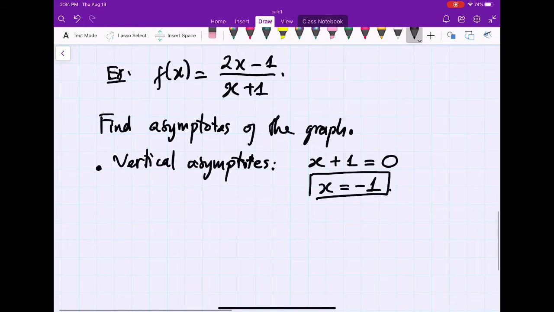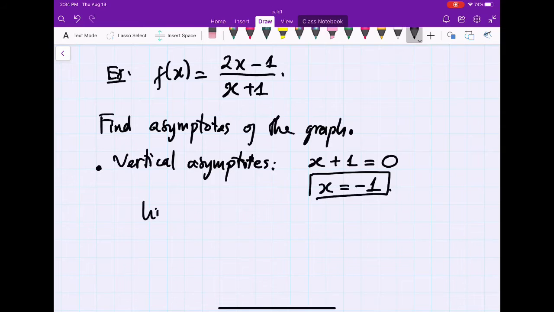Make sure that the limit is infinity, because as I mentioned previously, this point is a point of discontinuity. But is it removable or not removable? If it is removable, we don't have a vertical asymptote. But if it's unremovable, then this is a vertical asymptote.